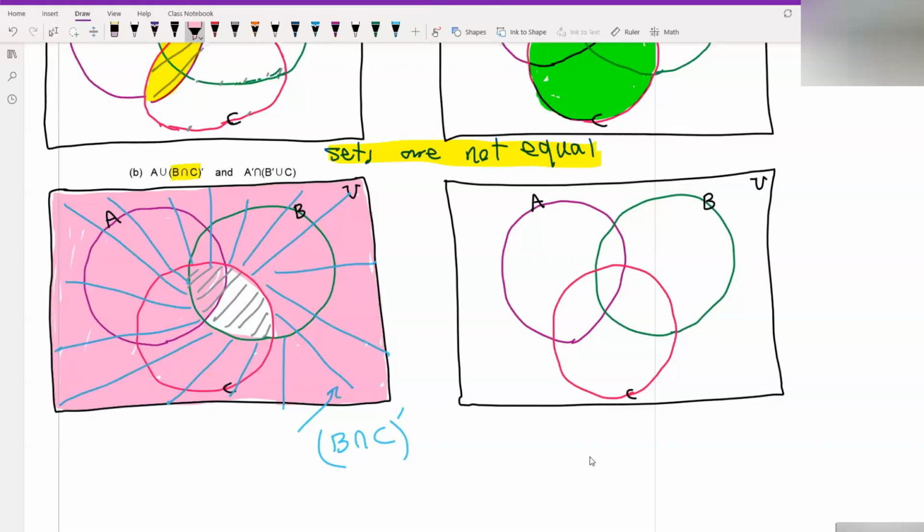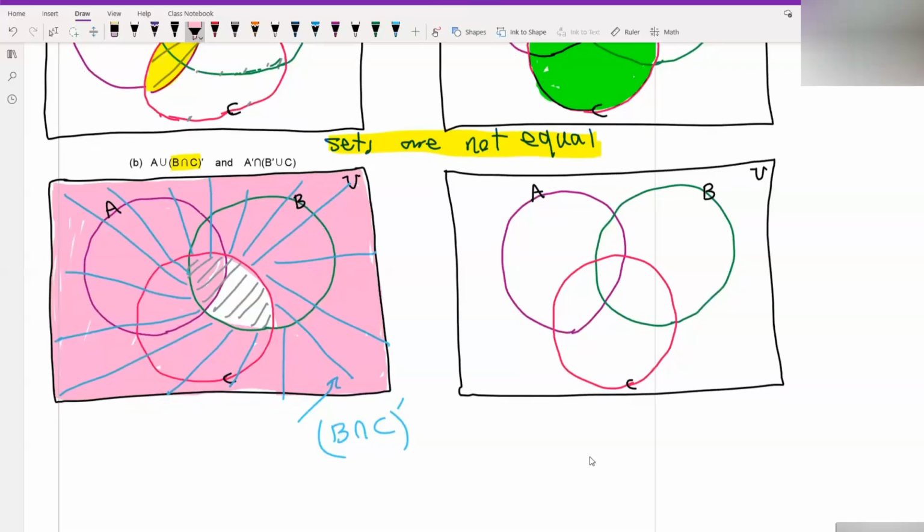Okay, everything except what I have here on this part. Now I'm going to erase this one.